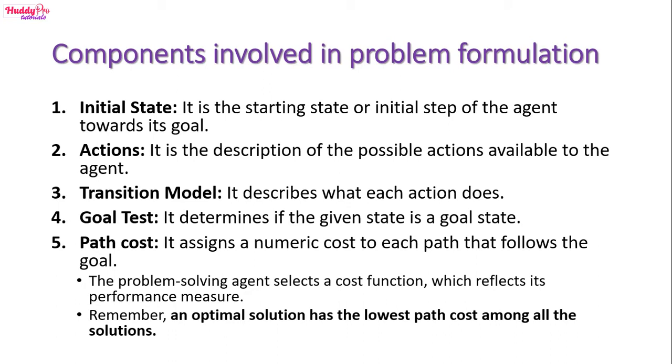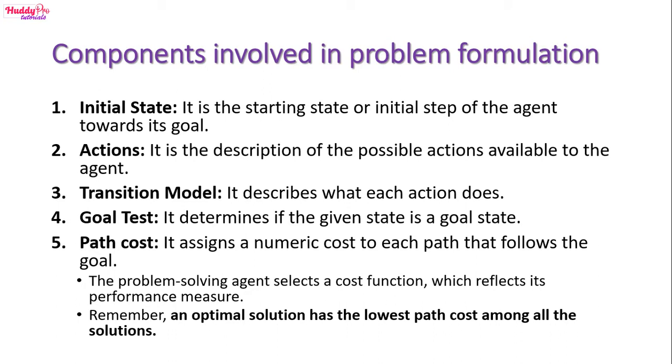So the problem-solving agent doesn't just solve a particular problem, but it follows a certain cost function, and the way the goal-driven agent performs these actions, there is a performance measure that is put forward.